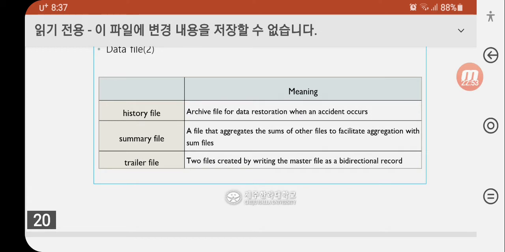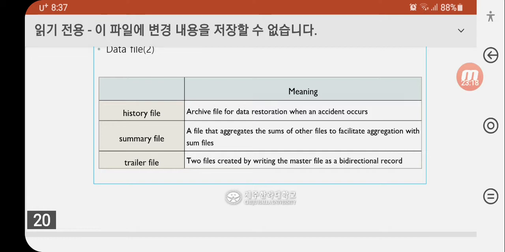History file is an archive file for data restoration when an accident occurs. A summary file aggregates the sums of other files to facilitate aggregation with some files.